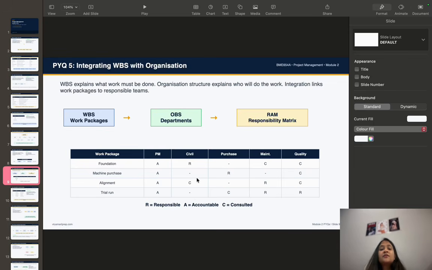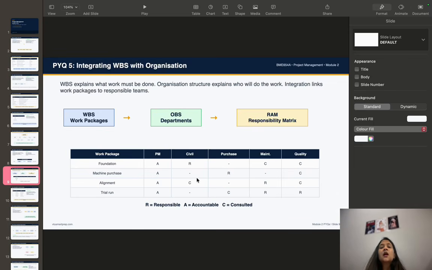Responsibility assignment matrix, also called RAM. So what does RAM stand for? Responsibility assignment matrix. The flow is WBS work package, followed by OBS department, followed by RAM responsibility matrix.